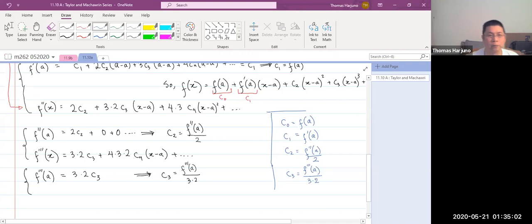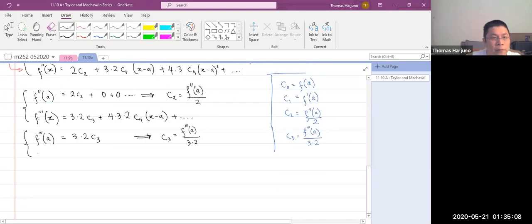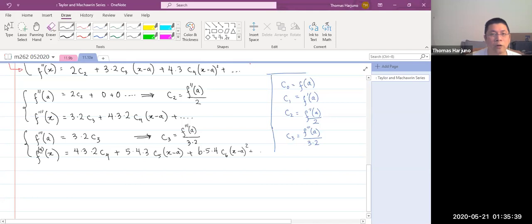I will do one more time. If you take a look at the fourth derivative, you will get 4 times 3 times 2 c4, plus 5 times 4 times 3 c5 (x minus a), plus 6 times 5 times 4 c6 (x minus a) squared, and on.